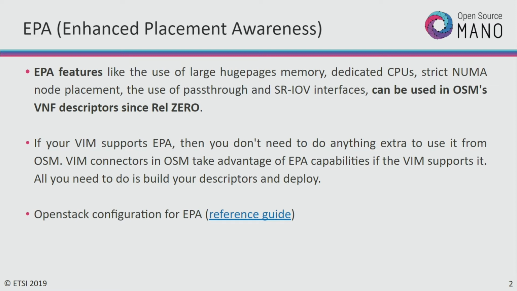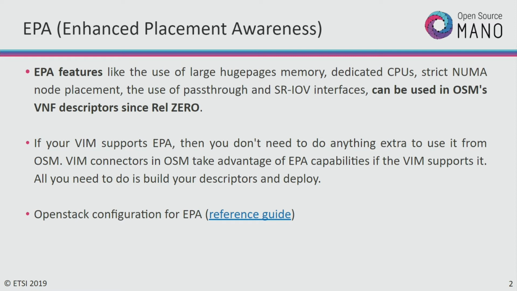EPA features are a group of features that improve performance in the servers. In this case, in the VIM, this might be the use of huge pages, dedicated CPUs or CPU affinity, NUMA node placement, PCI pass-through, and SR-IOV interfaces.